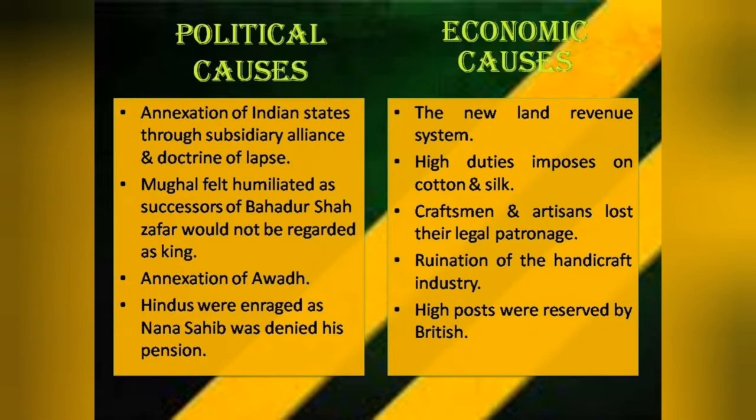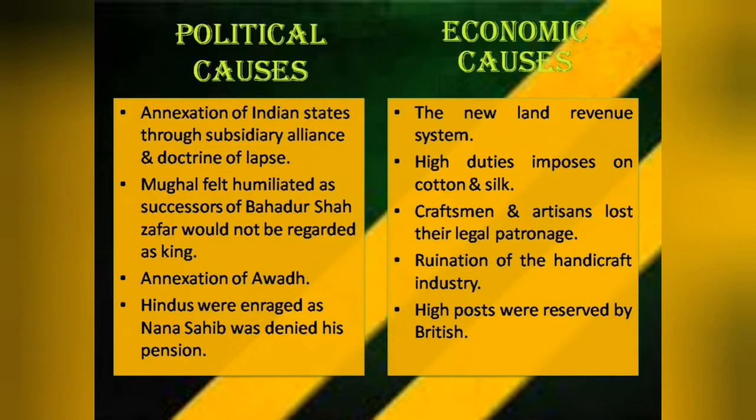Then, second is economic cause. The weavers employed in the textile industries lost their job. There was a great loss for handicraft industries too. The commercial policy of the British was directly opposed to Indian trade and commerce.